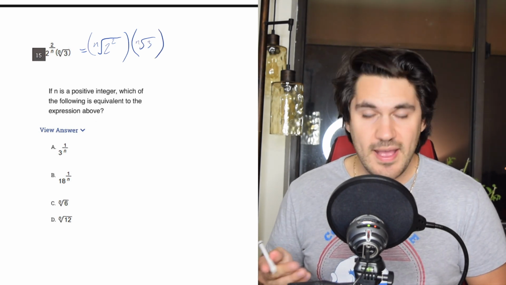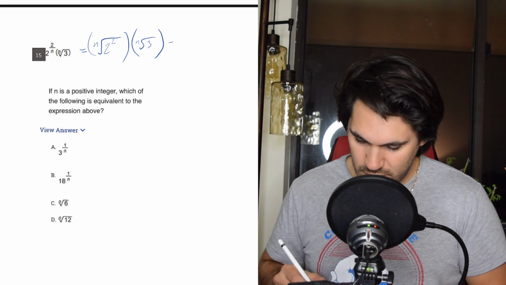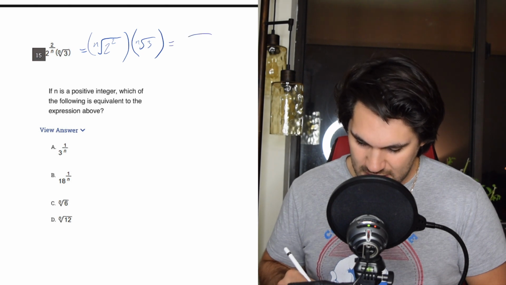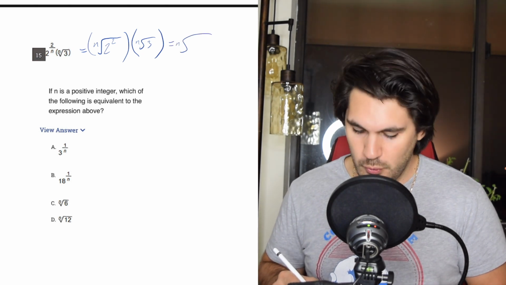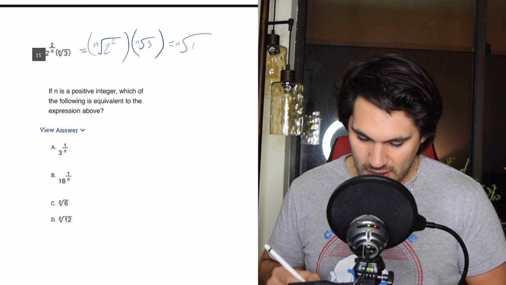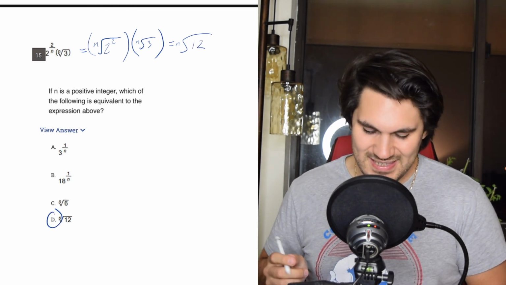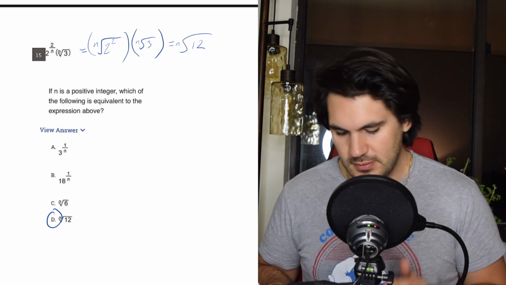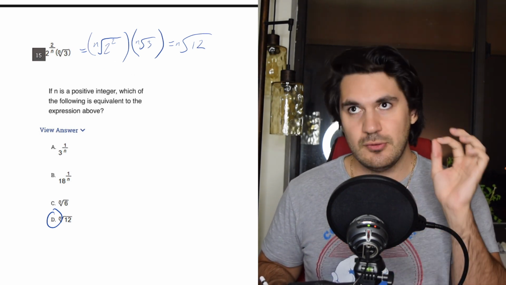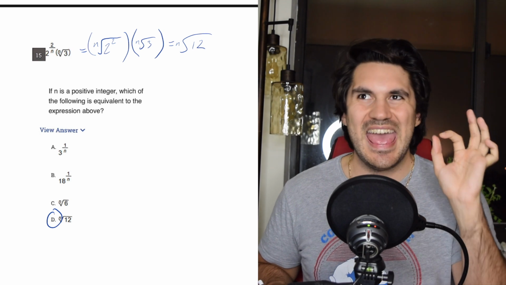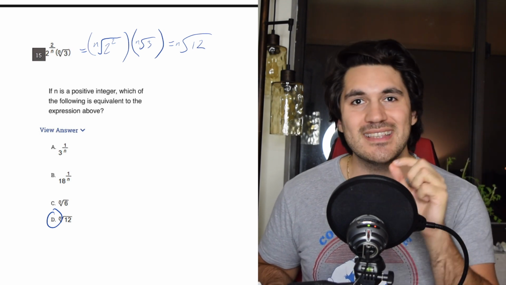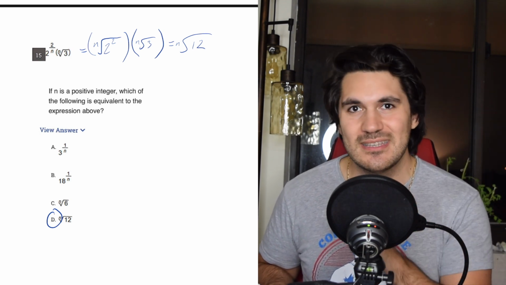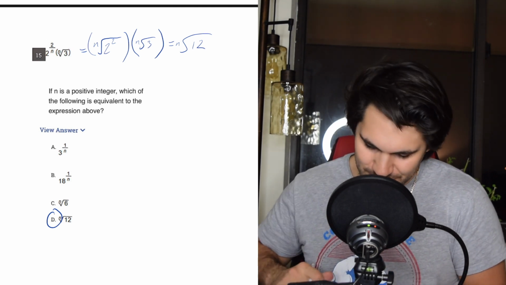Well, rules of exponent dictate that we can rewrite this as the nth root of 2 squared, which is 4, times 3 is 12, the nth root of 12. So the answer would be D. But again, if you didn't know that, you could just substitute a value in for n, get an answer, plug that same value into the answer choices and see what would give you the same answer.